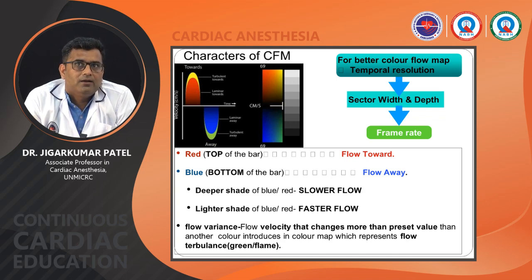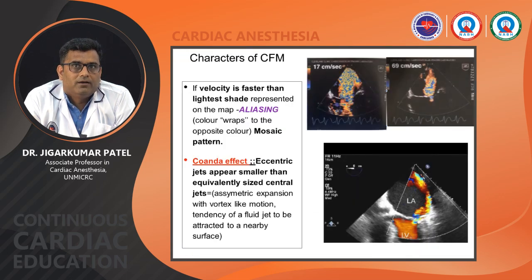So for a better color flow map, you have to increase the temporal resolution of the image by reducing sector width and depth, and ultimately improving the frame rate. So for better color flow mapping, you have to use a smaller sector and lesser depth. Now, color flow Doppler uses the pulse wave Doppler technique.